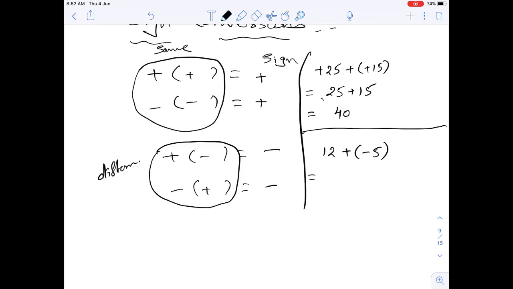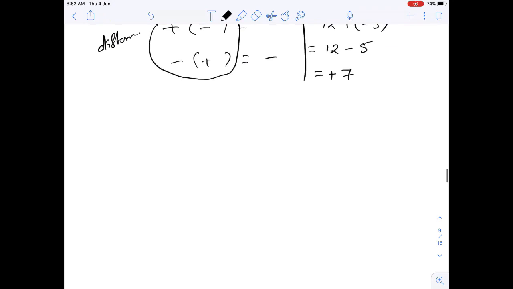So first we change this sign, and this will become minus 5. Now 12 has a positive sign and 5 has a negative sign. Opposite signs are there, so we do subtraction of numbers. 12 minus 5 will be 7, with the sign of the greater number, plus. Remember, in this we have to follow it stepwise.